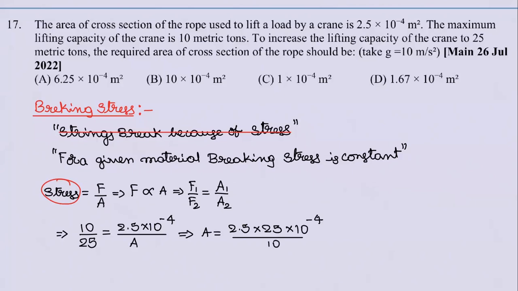So it will be 2.5 into 25, which is 62.5, right? 62.5 into 10 power minus 5. Wait, 4 is given. So 6.25. Correct. 6.25 into 10 power minus 4. Answer is option A.